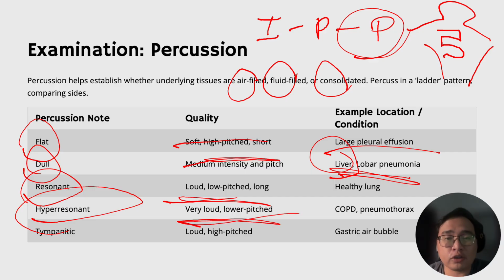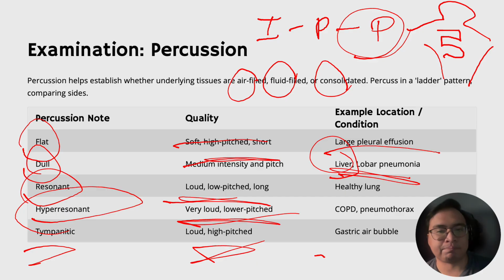And lastly, if you try it over your stomach, here, on your right upper quadrant of your abdomen, it's going to be tympanitic, loud and high pitched. So those are the different sounds that you could hear with percussion. Of course, you want to know whether the lungs are normal, meaning the percussion note is resonant, or if it's fluid filled, or if there is any consolidation, for example, pneumonia or even masses or tumors. Okay?